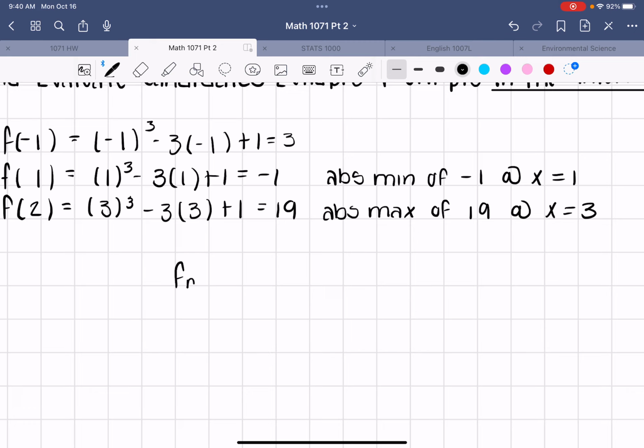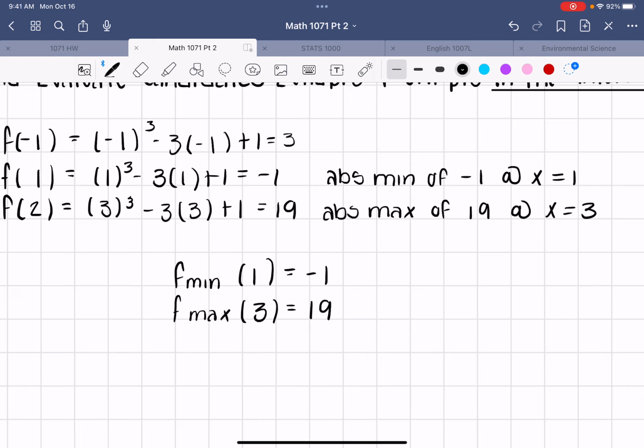Now, I'm going to save problem 29 for next time, because what they do is they give you the same function, and they give you 4 different intervals. And remember what I said about continuous.